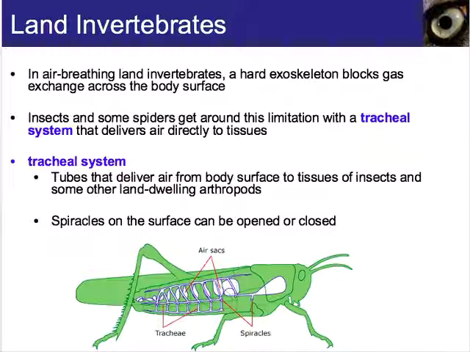So instead, it uses something called a tracheal system. And a tracheal system basically is a bunch of tubes that deliver air from the body surface to the tissues of insects and some other land-dwelling arthropods. So literally, this insect has holes along its body that will take up oxygen and release CO2. And those holes are called spiracles.